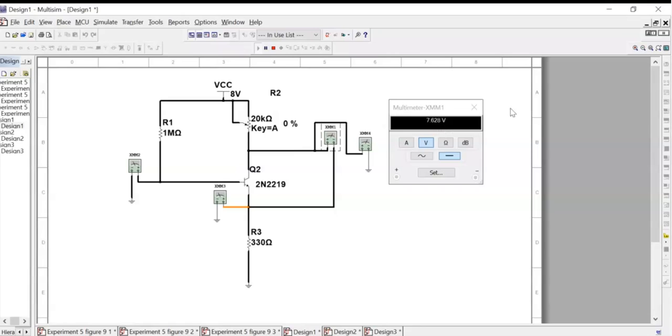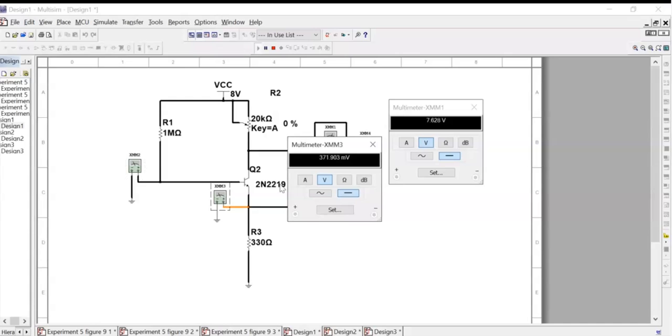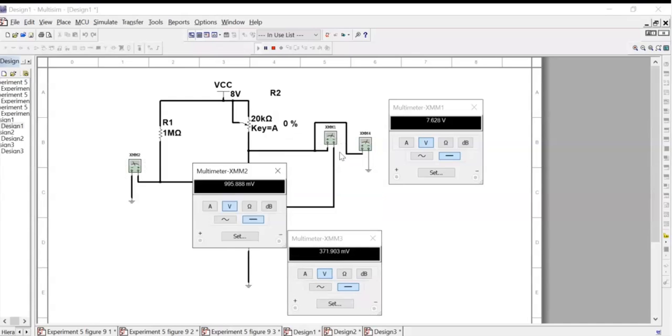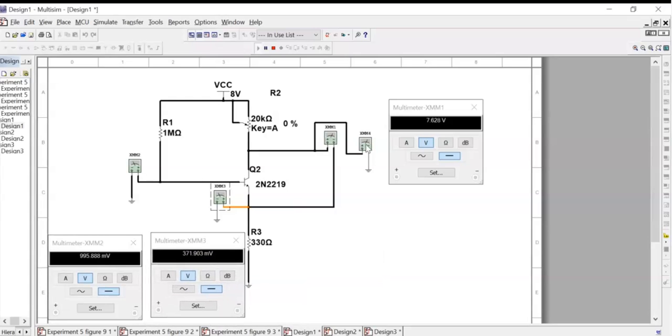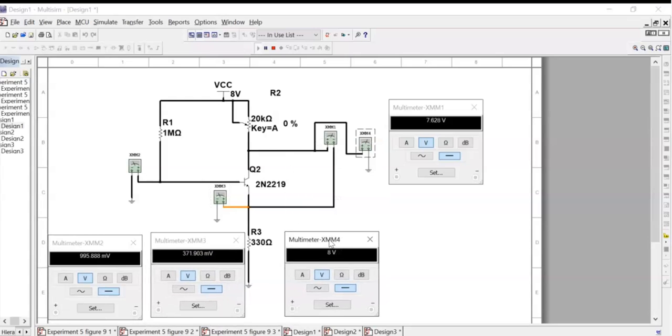So we need to measure VB, VE, and VC and record them. From table 9.1, VCE is 7.628 volts.